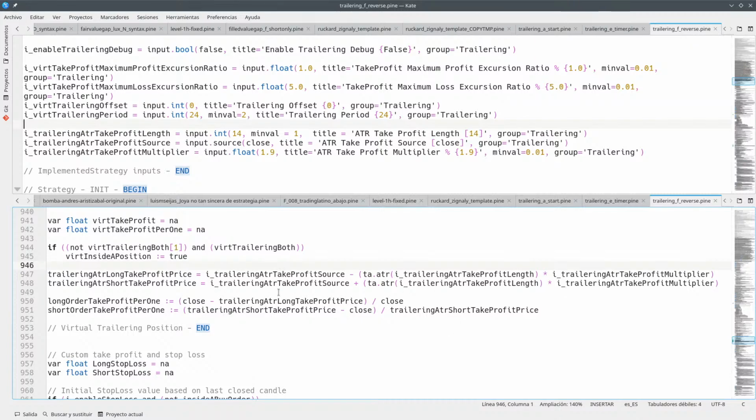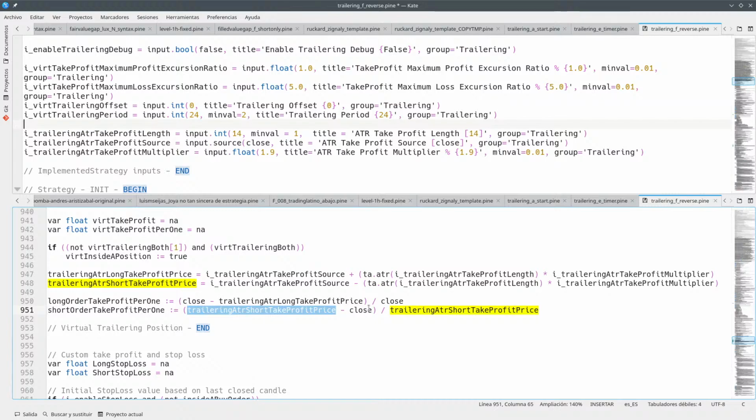Now let's take a look at what we are doing here. So the long take profit should be the source plus something, not minus something, and the short take profit should be the same thing. And then here the long take profit should probably be this one here.